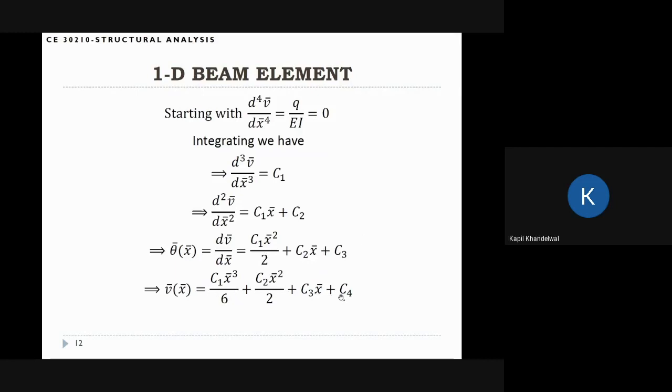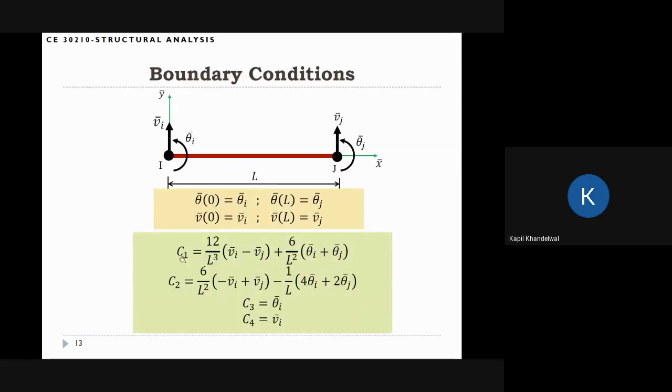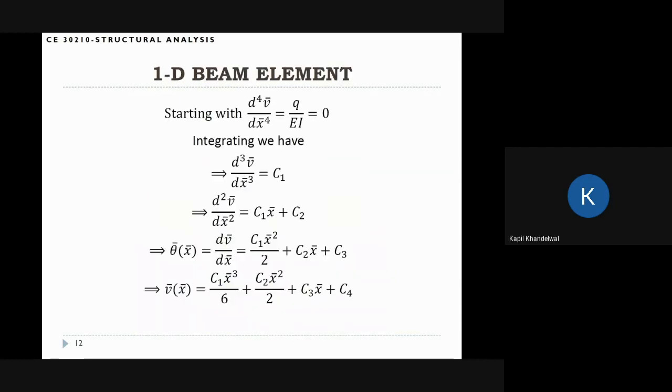We put these 4 boundary conditions in to find these 4 coefficients, and we end up with these values of C1, C2, C3, C4. I'm not doing the algebra on this slide, but just showing you the final result. The algebra I just did with symbolic mathematical software. So we have to solve 4 equations in 4 variables, and then we get these results. After that, we can plug back in and have the expression for v.